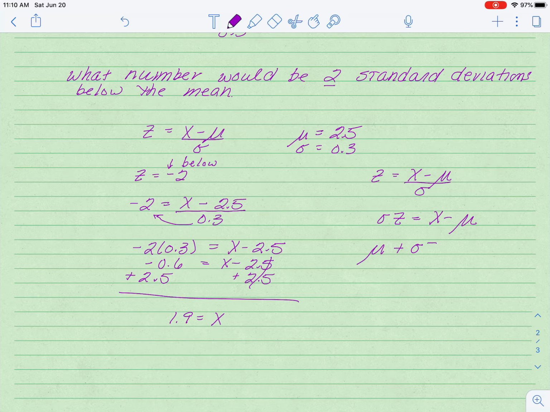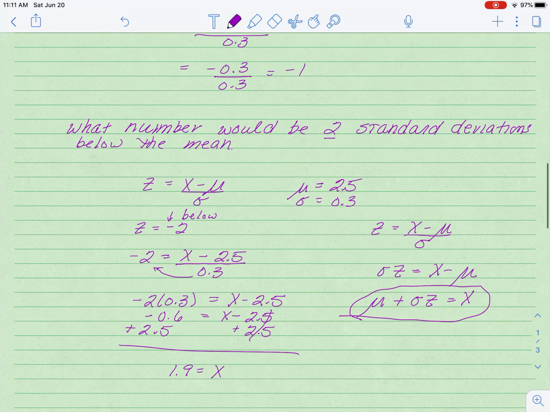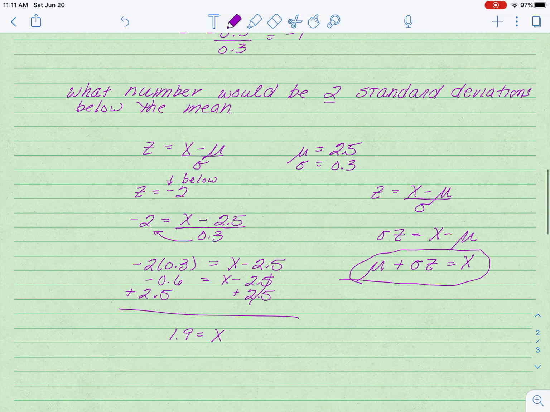So mu plus sigma z equals x. This formula is the formula we need to solve for x. And the earlier formula is the formula we need to solve for z. So this is a z-score, and this is a data value.